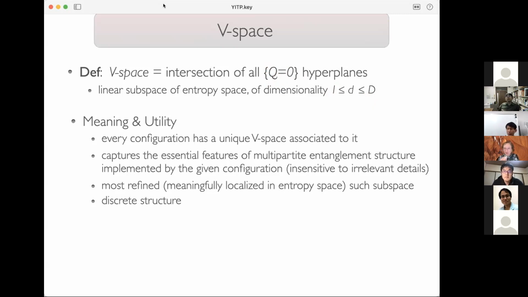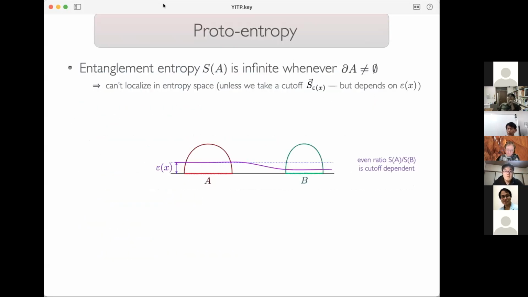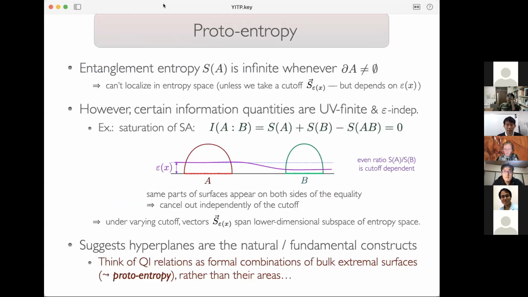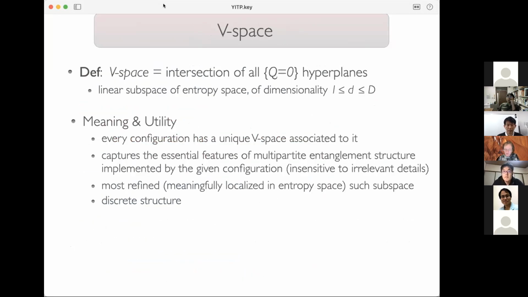Now, for each configuration and state, there's a unique such Vspace associated to it, as we saw previously in this picture. There would have been a Vspace that's a hyperplane of just vanishing mutual information. More generally, you have different, perhaps lower dimensional Vspaces, and it's the object that captures these essential features of the entanglement structure. As we were saying a moment ago, the numerical values of entropies don't matter.